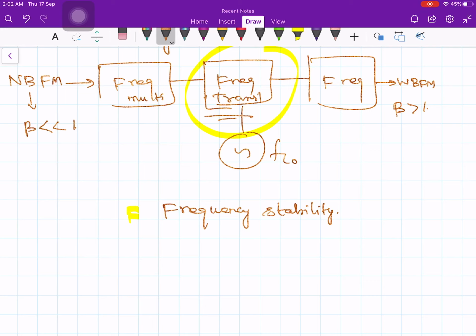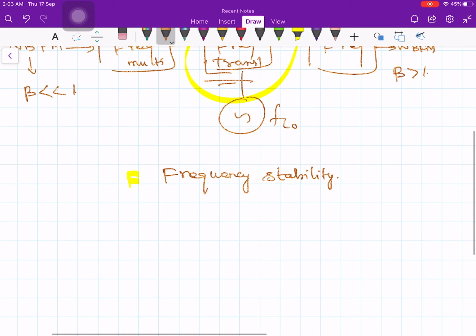Whenever we have a transmitter or anything that modulates the carrier, for various reasons it is desirable that the carrier frequency remains fixed. What do we mean by remains fixed? Basically, it does not drift with time.